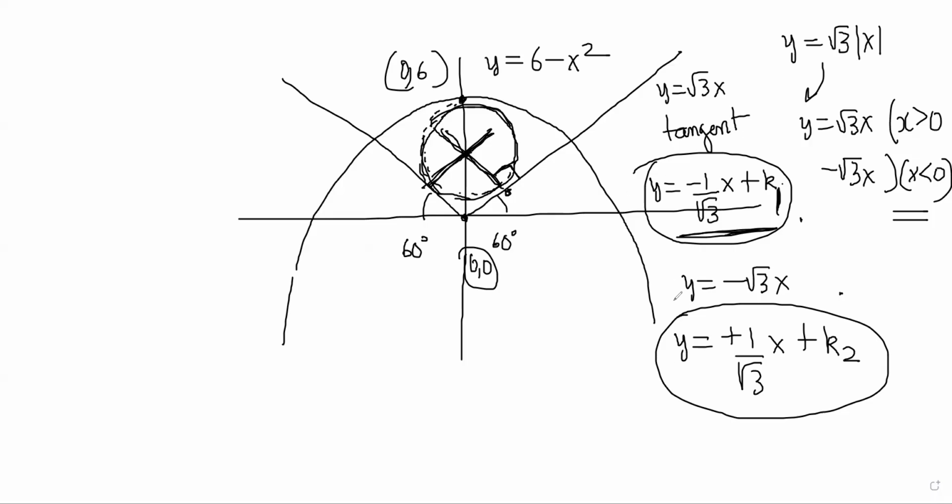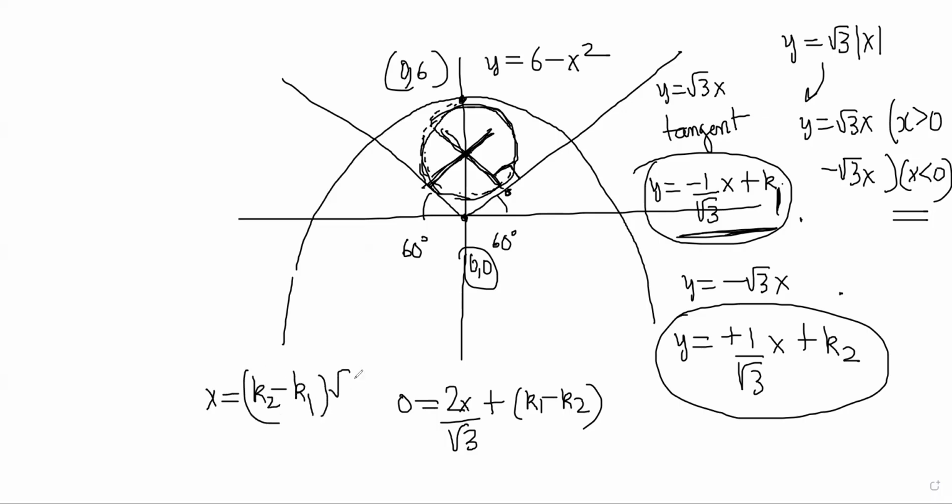Now you can easily see here, if I subtract these two, I'm getting 0 is equal to 2x by root 3 plus k1 minus k2, right? So I'm getting x is equal to k2 minus k1 into root 3 by 2.